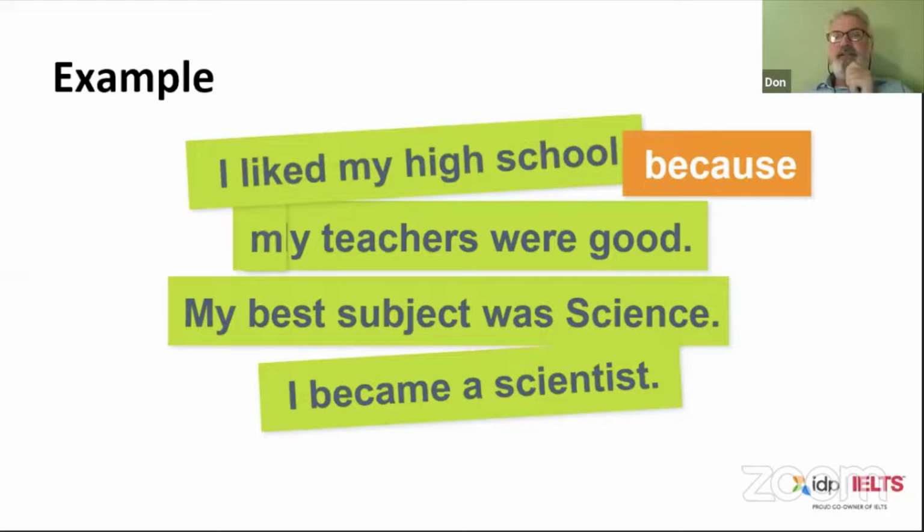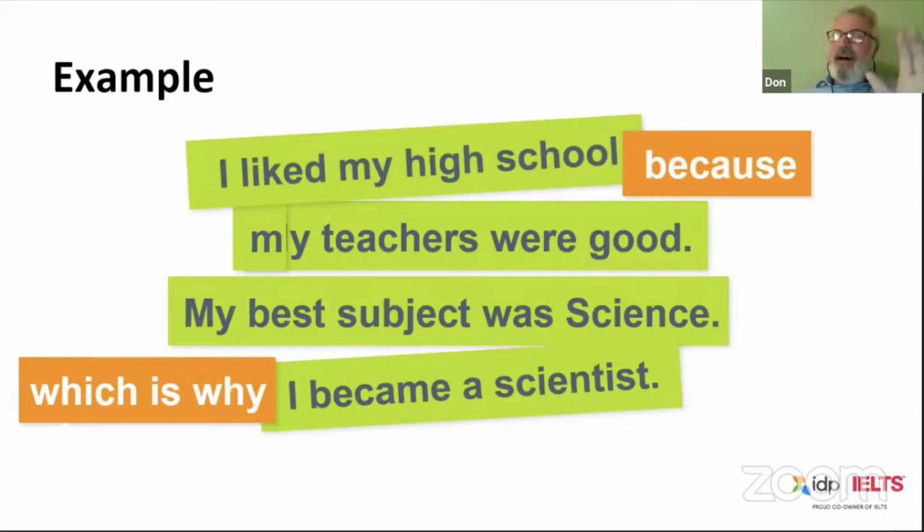Look at this. Now, instead of 4 simple sentences, we have 2 complex sentences. I liked my high school because my teachers were good. My best subject was science, which is why I became a scientist.